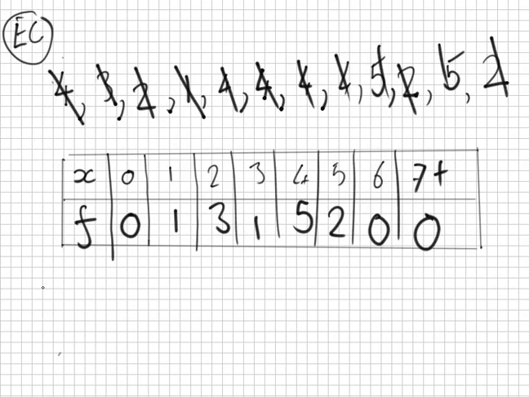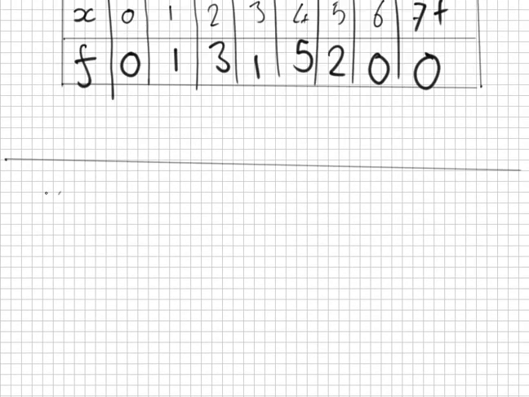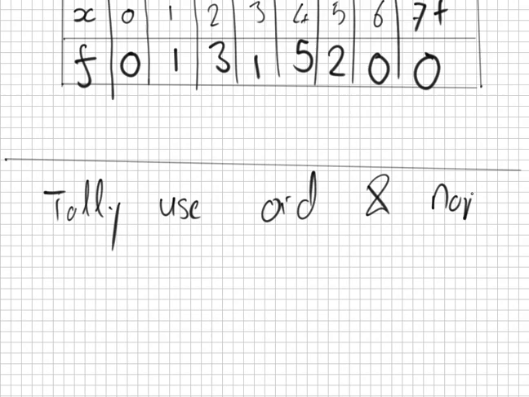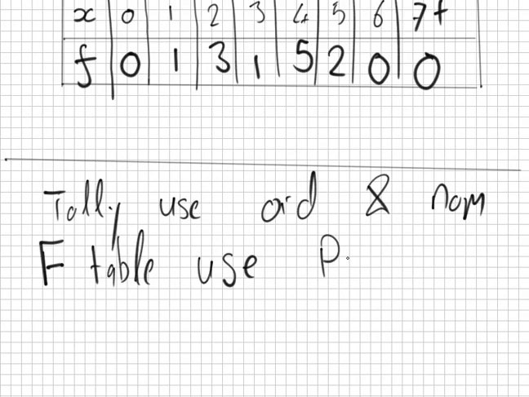Let's do a little recap of the two we have so far. For a tally, we can use ordinal and nominal. And for what I'll call an F table, frequency table, we use discrete.